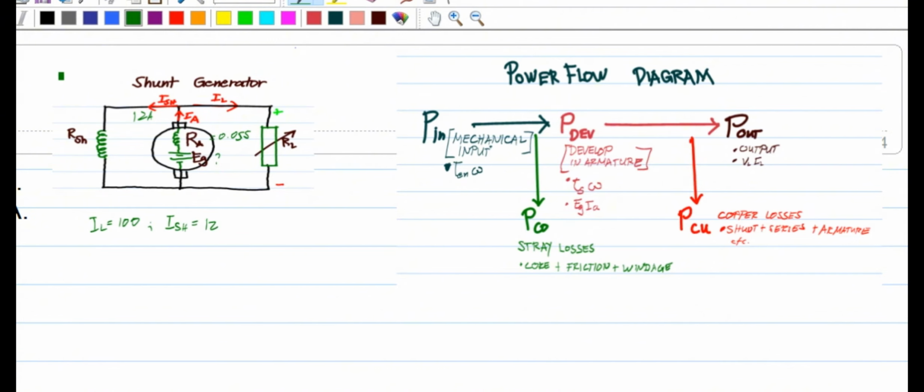Therefore, we can now get the IA, which is equal to ISH plus IL. It is 12 plus 100, 112 amperes for the IA.